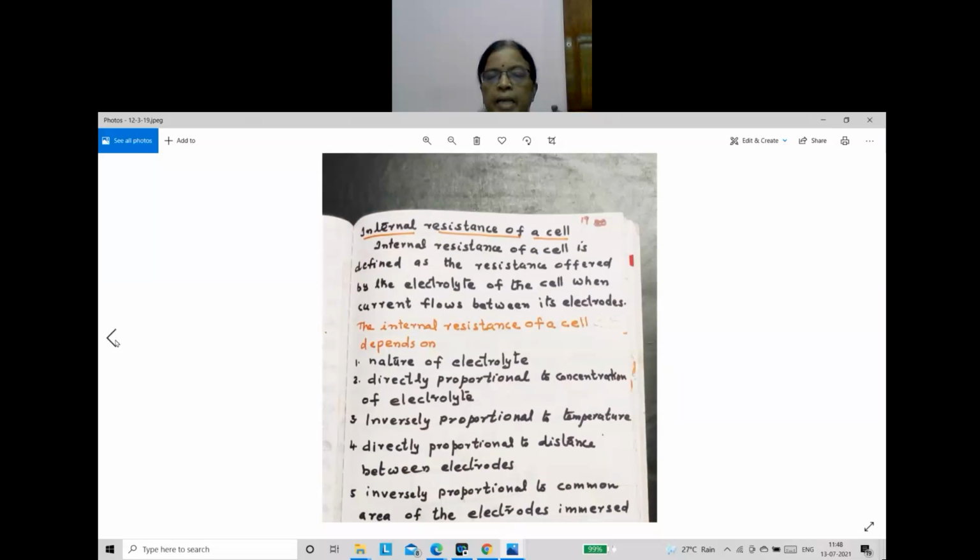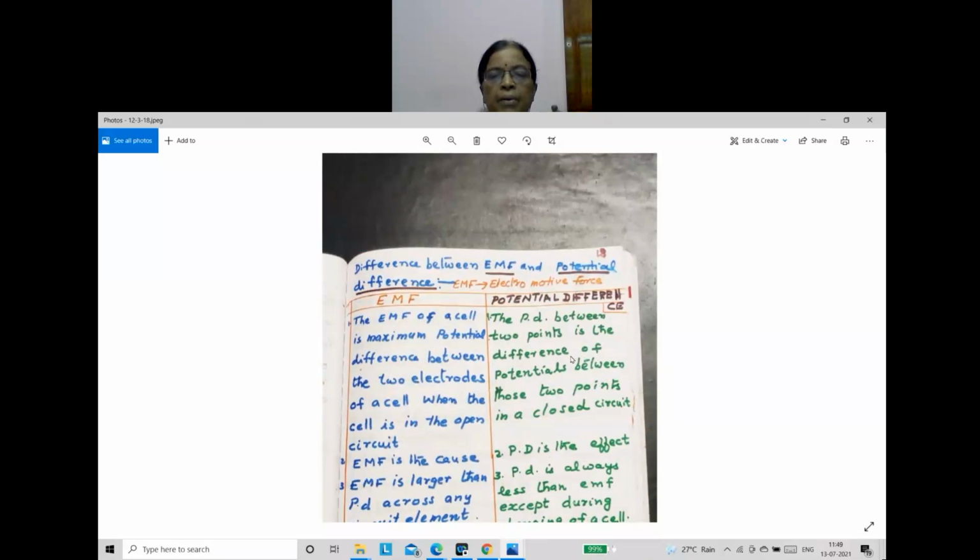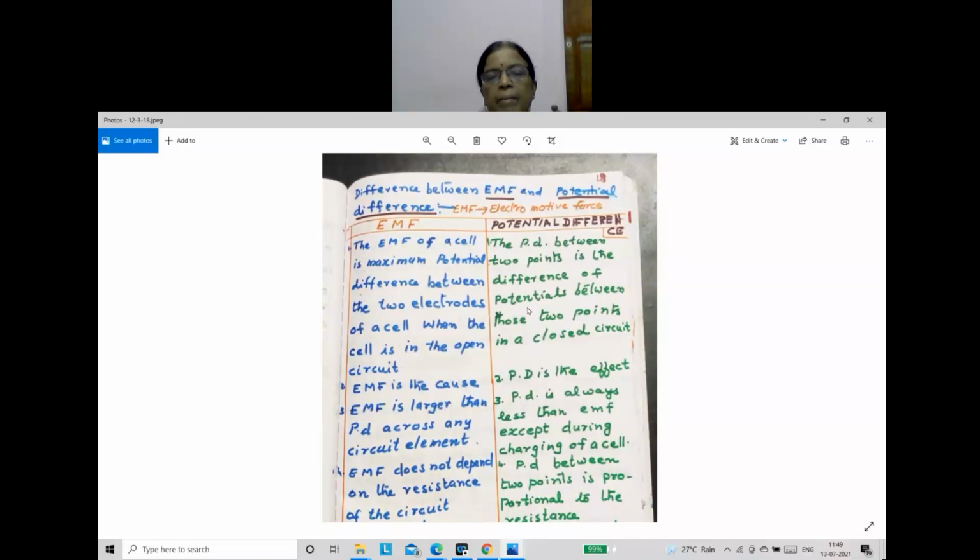Definition is also given, and the difference between EMF and terminal potential difference is also given. First definition: EMF is the potential difference when no current is drawn from it, in the open circuit. Terminal potential difference is the potential difference between the two terminals of the cell in a closed circuit, that means current is drawn from it.